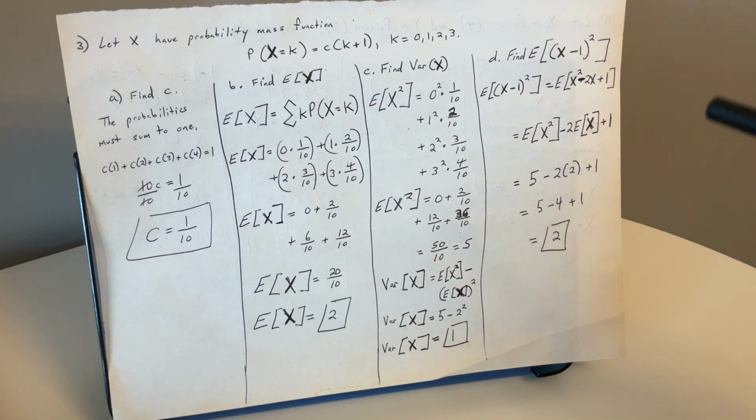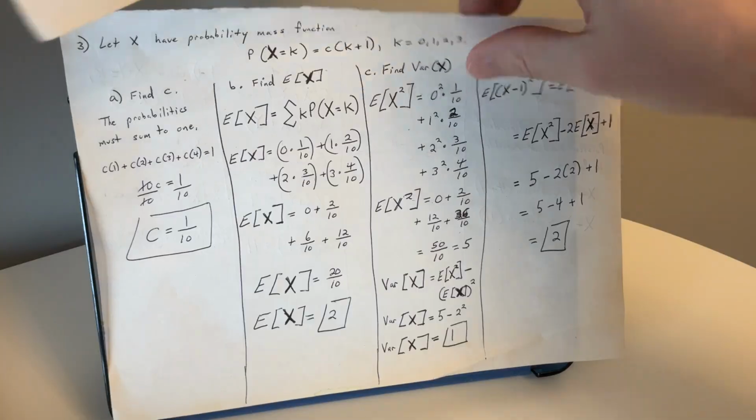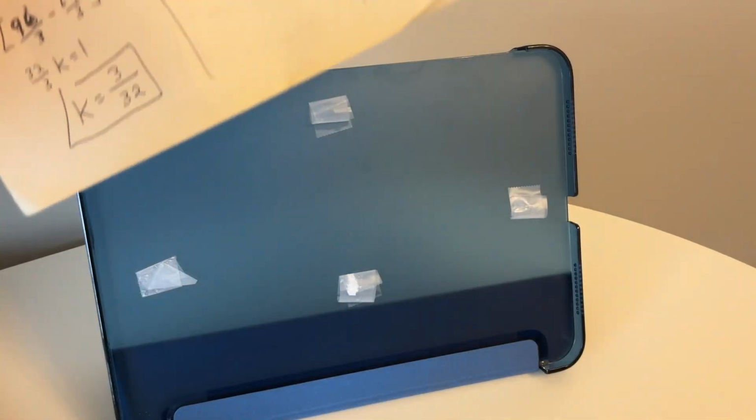We substitute what we know for the expected value of X squared and the expected value of X, and we get 5 minus 2 times 2 plus 1, which is 2. That takes care of number 3. Moving along to number 4.